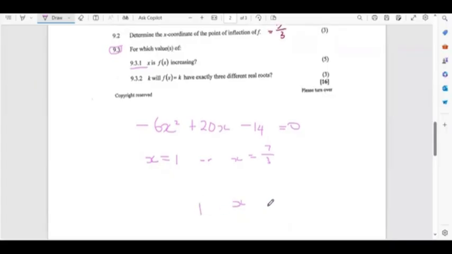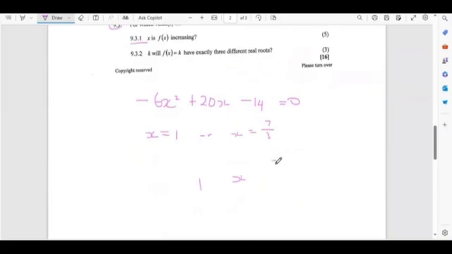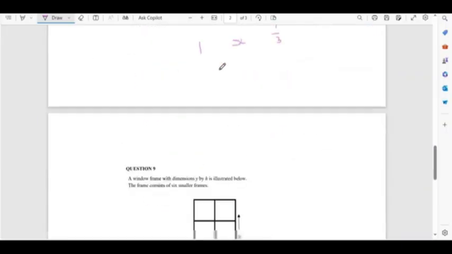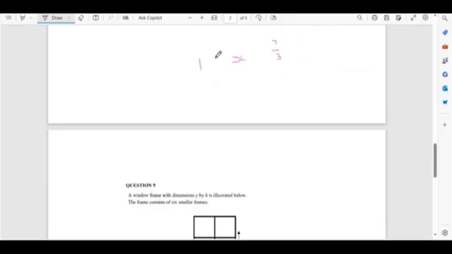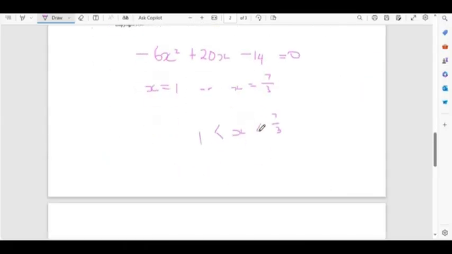It is 1, and 7 over 3 is greater than 1. So any x value which is greater than 1 is increasing. I'm going to put that my x is greater than 1, but this x should be less than 7 over 3. This should be your final answer.